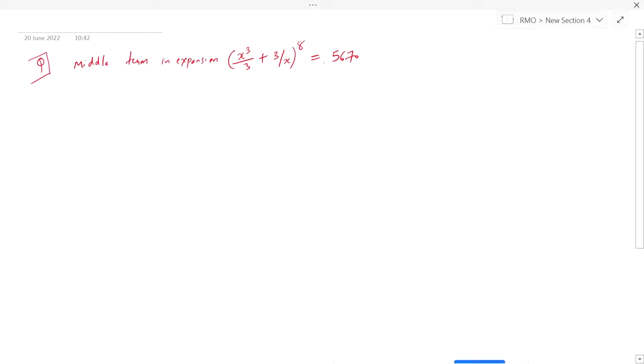Then the sum of real values of x are? Okay.